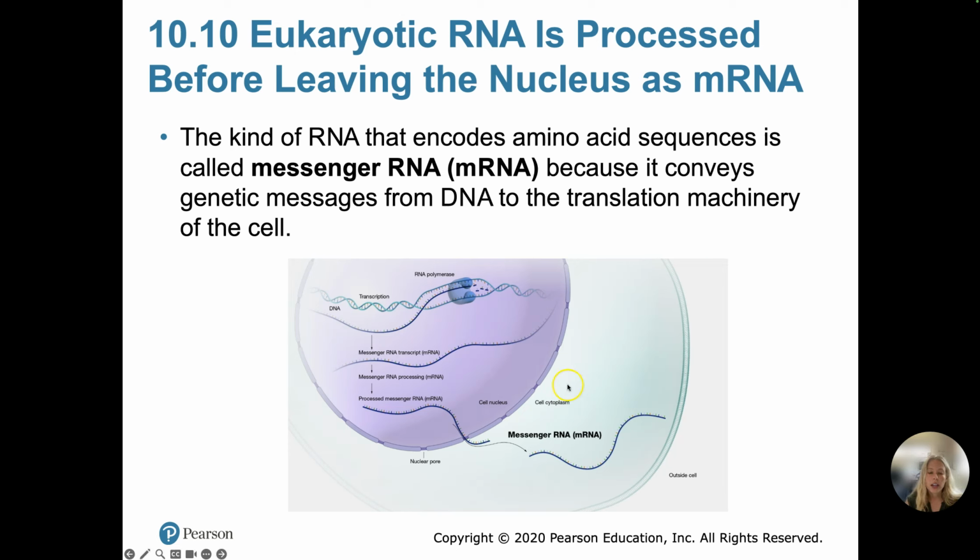So messenger RNA is what leaves the nucleus through the nuclear pores and then goes to the ribosomes for translation to occur. Once you have your RNA transcript or your RNA strand that has been produced from transcription, that RNA has to be processed until it is considered messenger RNA.